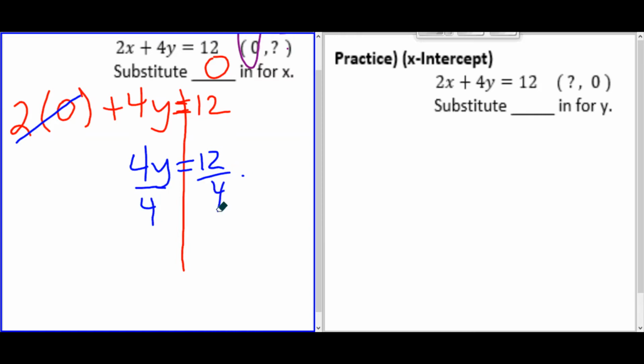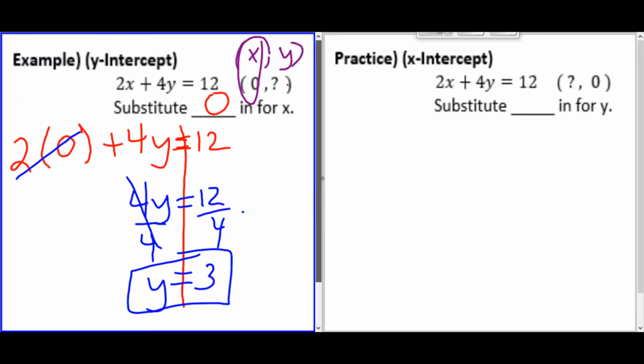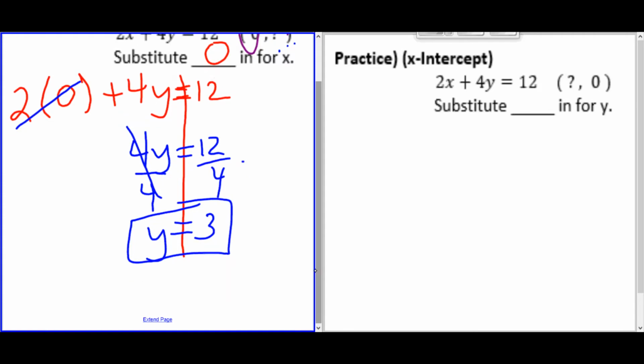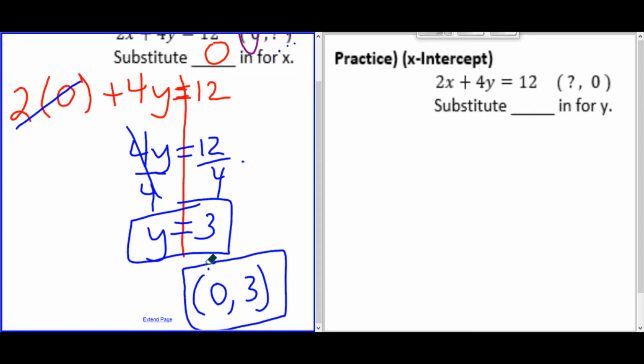Very good, we divide both sides by 4. So y equals 3. We're not quite done because we were given an ordered pair to start with, so we need to put our answer as an ordered pair. We know x was 0 and y we found to be 3. So your answer here is the ordered pair (0, 3).